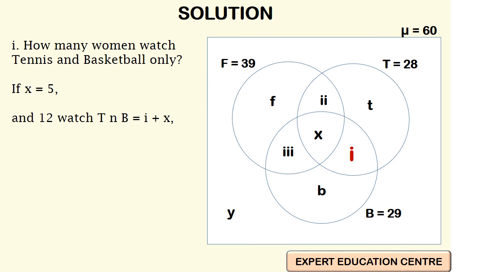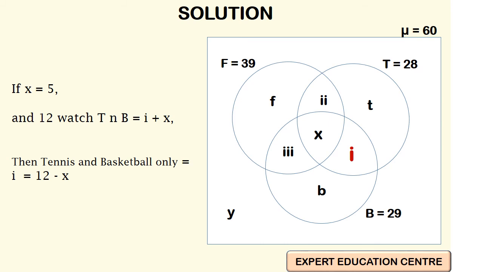Tennis and basketball is the sum of I and X. So, realizing that I plus X is tennis and basketball, and knowing that X is equal to 5, then tennis and basketball only will be 12 minus 5. We end up with 7 women that watch just tennis and basketball.